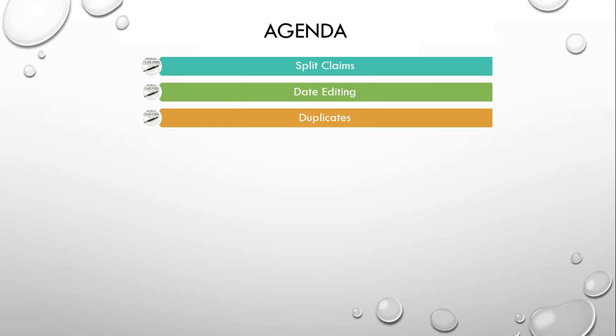Duplicates. Duplicate in terms of if there is a claim which is already processed in the history and the system has received a new claim, Facets has an excellent functionality to handle those situations, where the system can disallow the claims upfront depending upon the settings in the configuration.